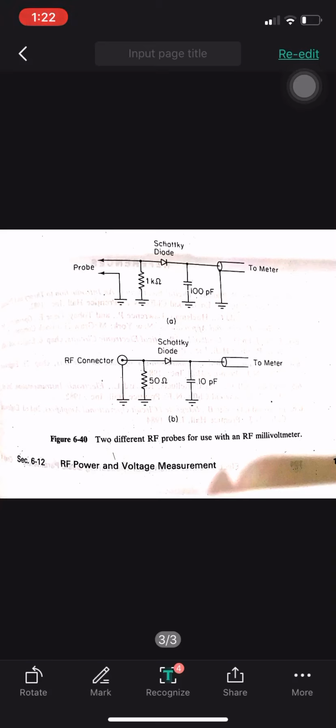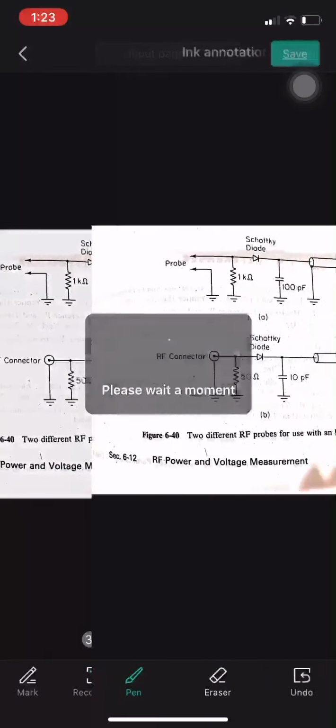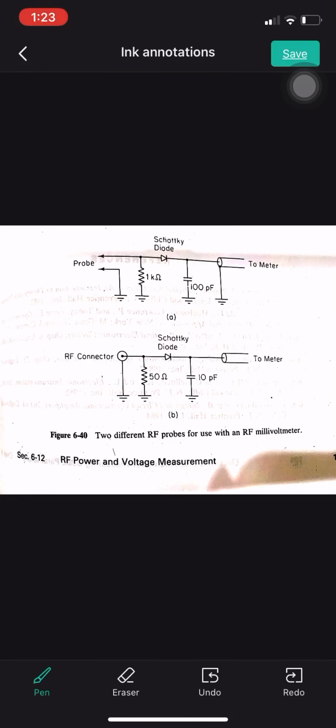Now, as you all can see here, there are two different probes shown in this particular figure. The first probe, this one, is usually used for the measurement of voltages. The voltage measurements are made with a relatively high impedance.